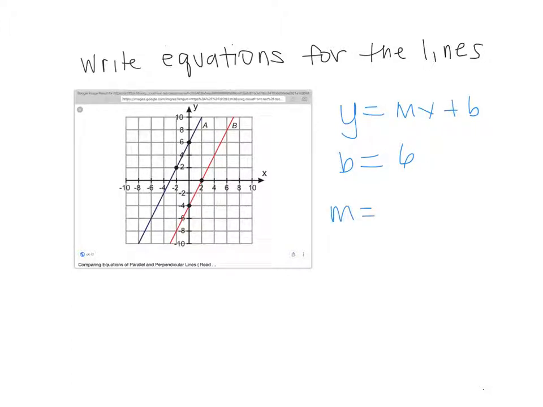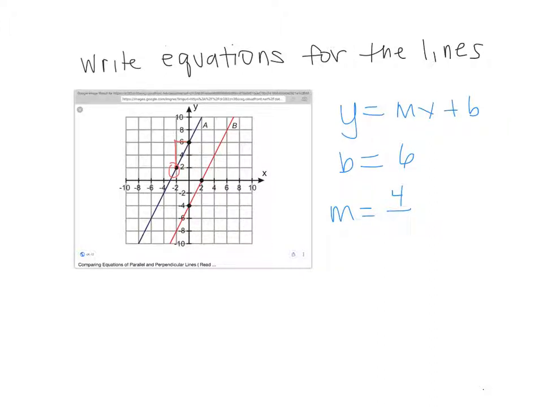all right, we start at that point (-2, 2). And then let's count how many we have to go up to get to the next point. Well, we go from 2 to 6, so that's up 4. So that's a positive 4. And then how many to the right? We go 2 to the right, from negative 2 to 0.